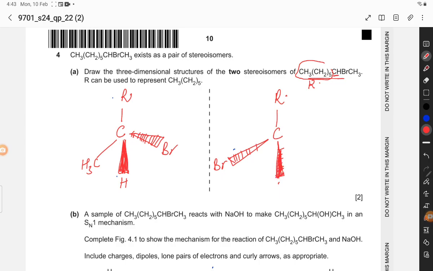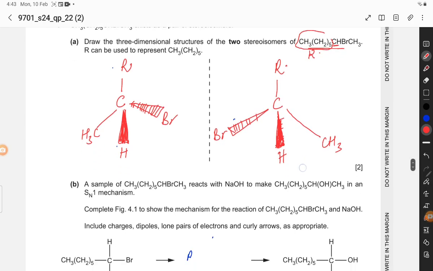This is solid wedge. H, and this is CH3. So these two molecules are mirror images of each other.